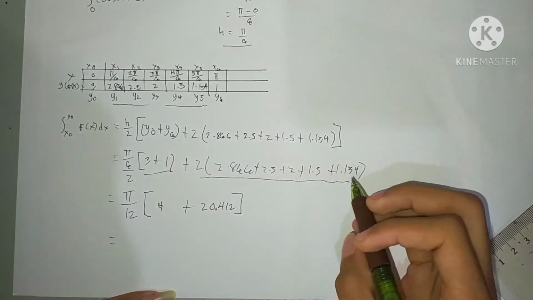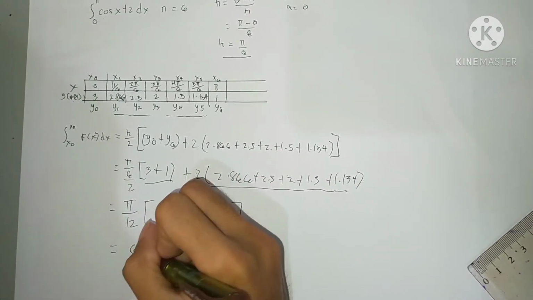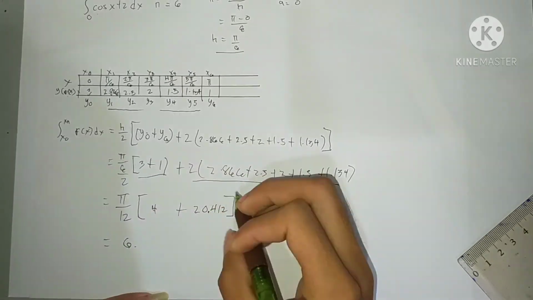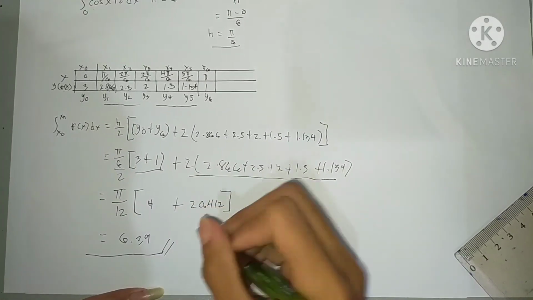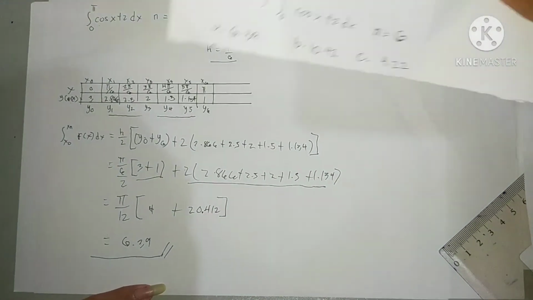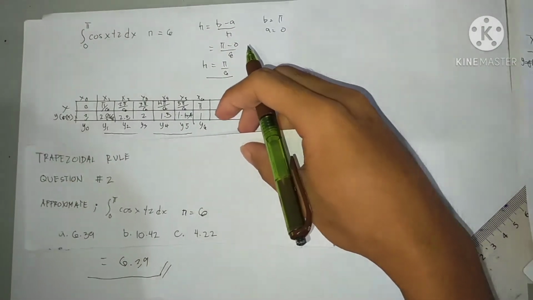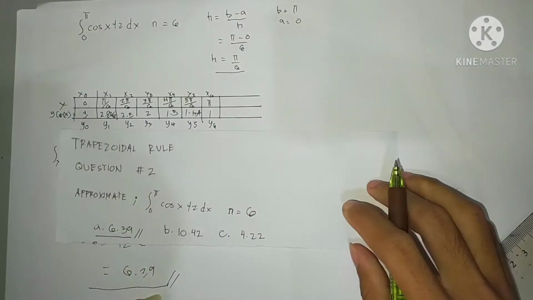Then multiply this, we have 6.39. This is our final answer. So in our question number 2, the answer that we get is letter A. Thank you.